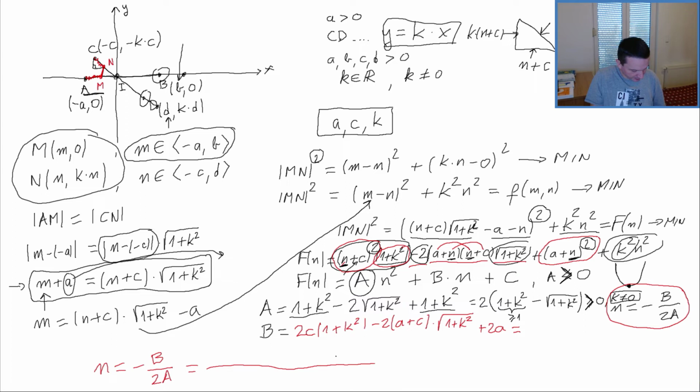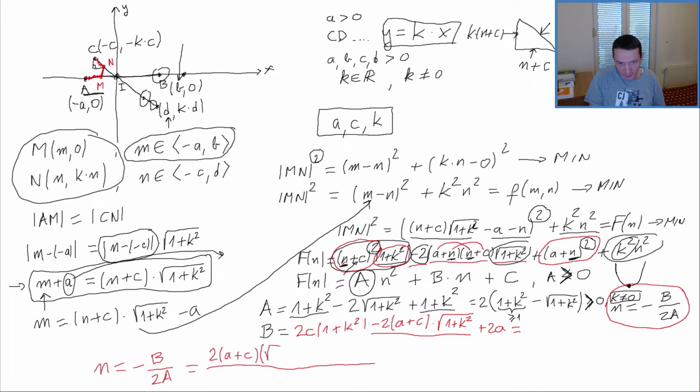And so this will be just in the numerator the negative of b, which I shall write in a more convenient way. I shall write 2a plus c. So I'm starting with the opposite of this term.